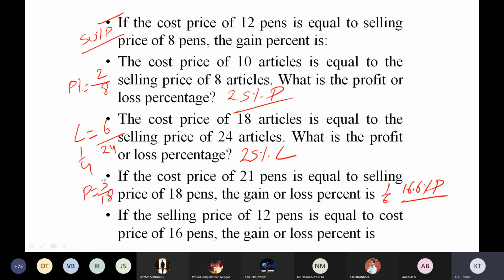Last question. Selling price of 12 pens equal to cost price of 16 pens. In this question, tell me how many you brought, how many you sold. He sold 12 and he brought 16. So is it making a profit or a loss?